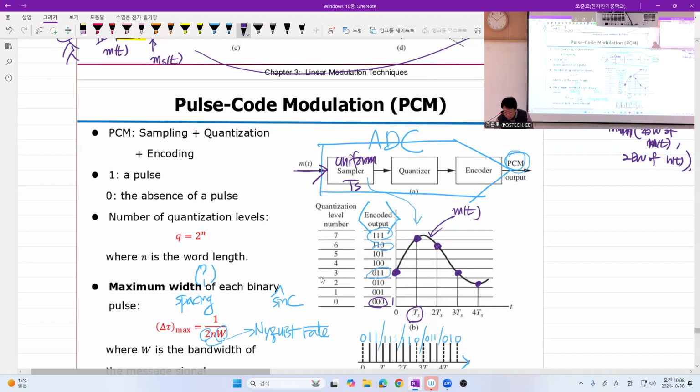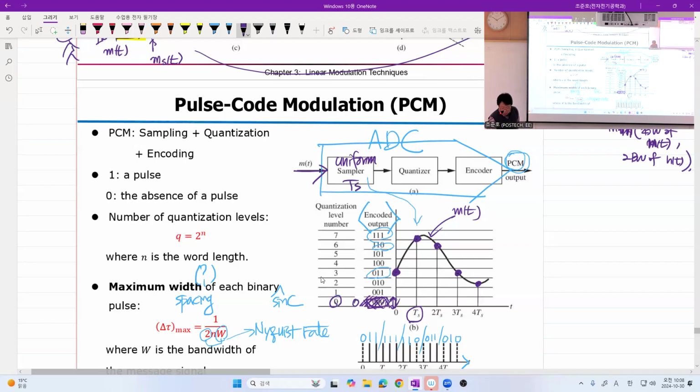If the sampled signal is within this interval, forget about the exact value at the boundary because it never happens probabilistically, for simplicity any value within this interval falls in this zero level.